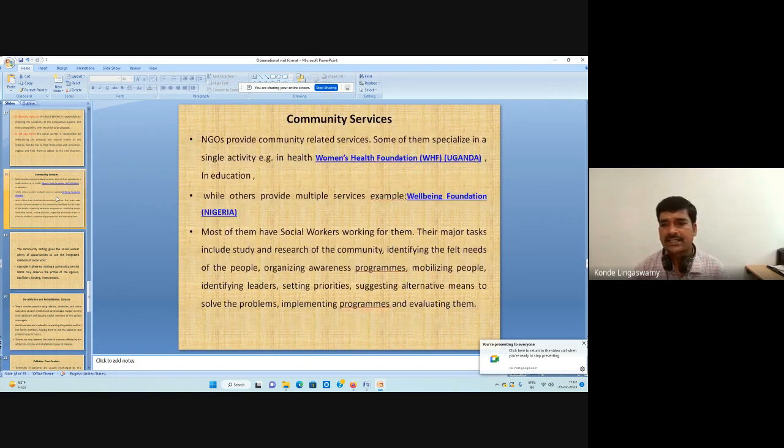In community centers, Uganda, one organization is there, Women's Health Foundation, WHF, Uganda. And Wellbeing Foundation is working at Nigeria. Have you heard about this?